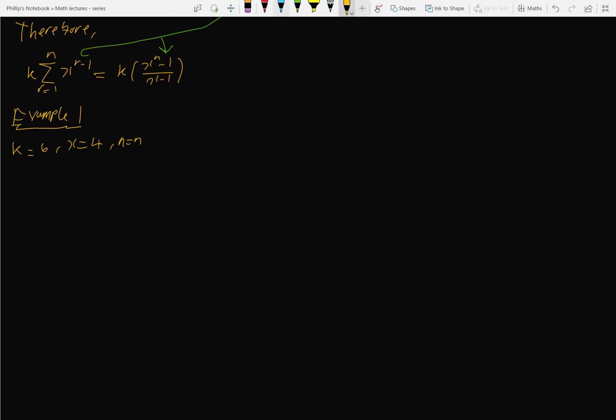What we want is to show that the sum of r is equal to 1 to n of 6 times by 4 to the r minus 1, which is equal to 6 times the sum from r is equal to 1 to n of 4 to the r minus 1, is just going to be equal to 6 multiplied by 4 to the n minus 1 all over 4 minus 1, which is equal to 6 times by 4 to the n minus 1 divided by 3, which is just going to be equal to 2 times by 4 to the n minus 1.